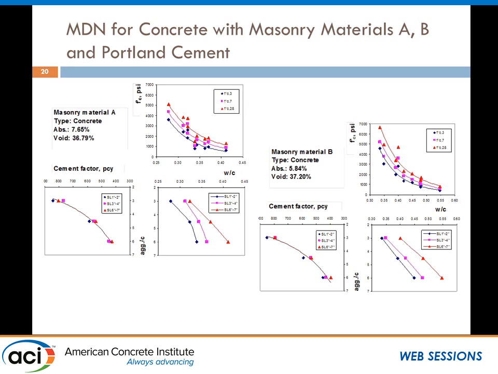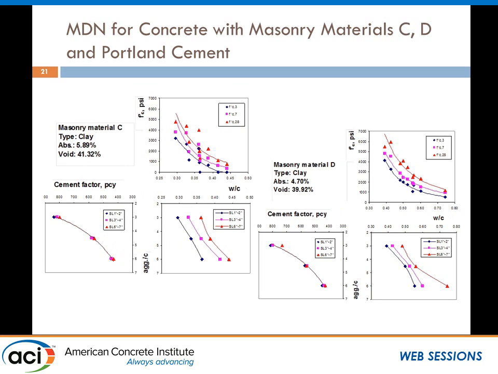So again, with the aggregate you use, in order to design, say, 4,000 psi in 7 days, you can determine your water cement ratio, then your aggregate cement ratio and cement content. That's how you use these nomographs.